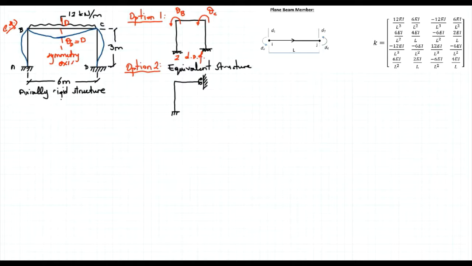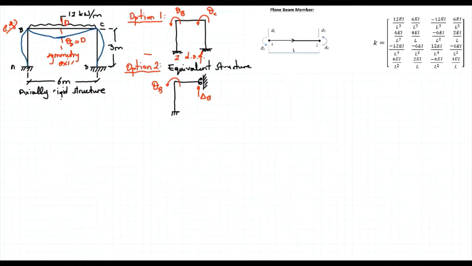So I have 1 degree of freedom here, theta b, and the other degree of freedom is the translation at the middle. I can use these two approaches to analyze that structure, but I will just go with the second option. Does it simplify the solution? No, but I want to show that we end up with the same results.